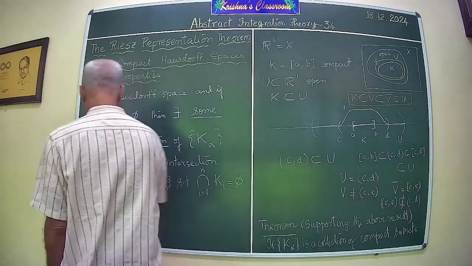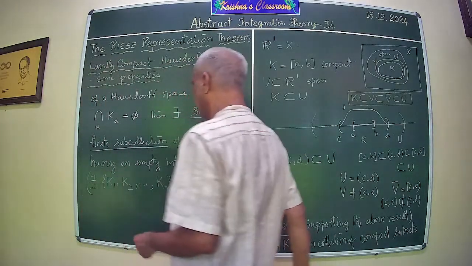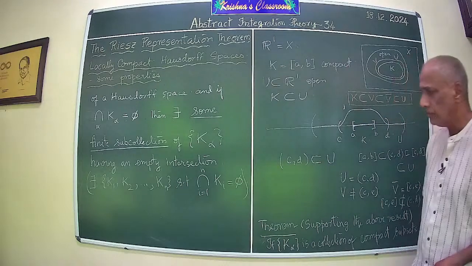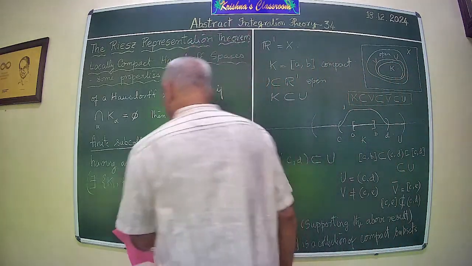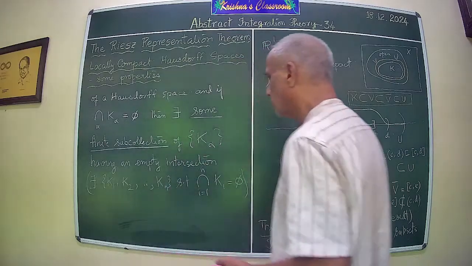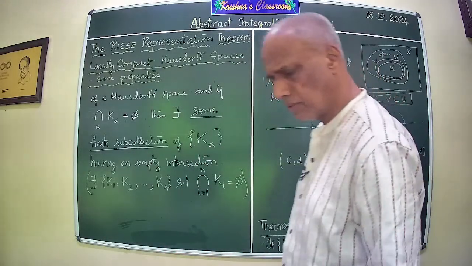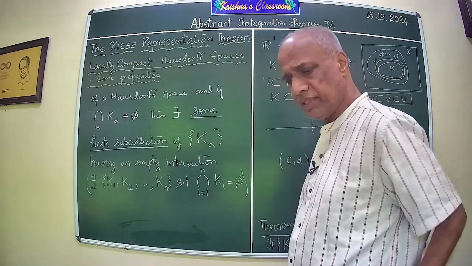Now this is the summary. Okay, let's prove this here. So we'll use the separability criteria that is available and compactness of the space in proving this result.